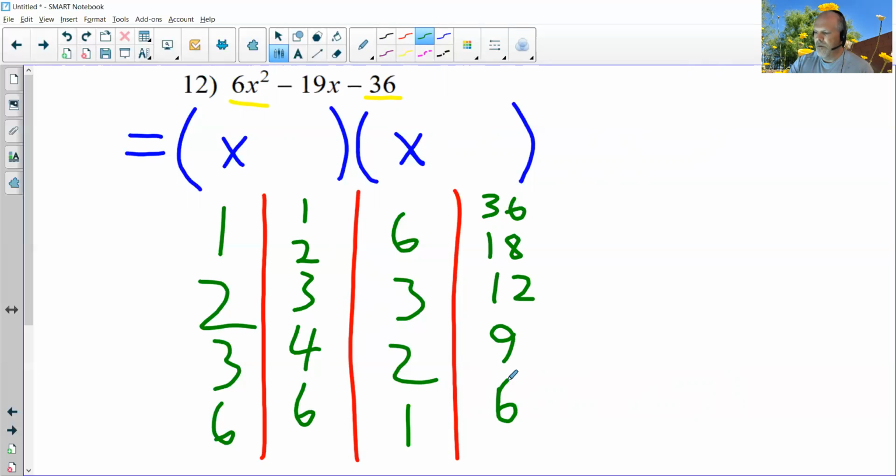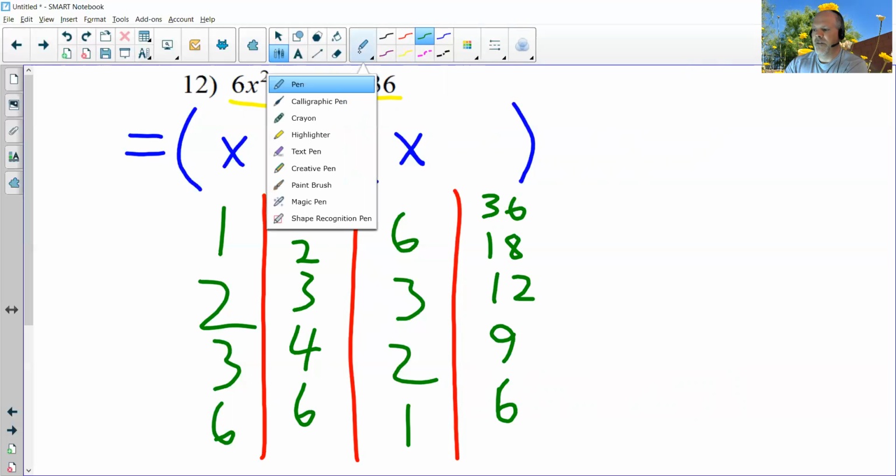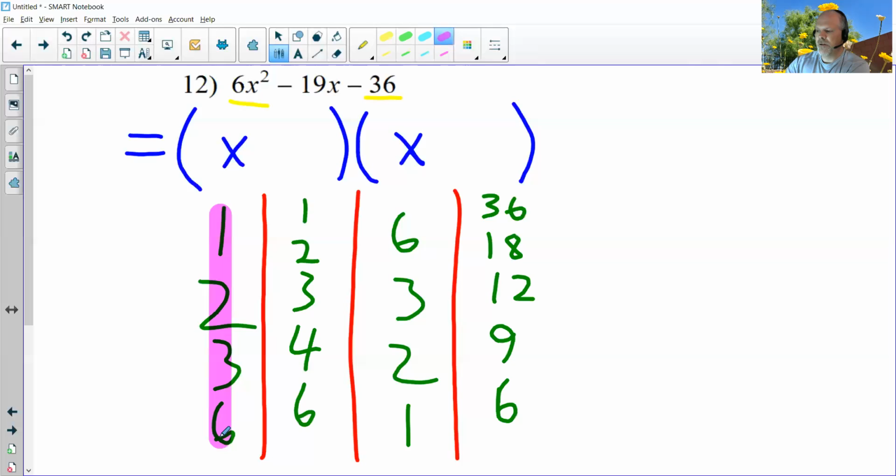Now, one thing to note, notice I did not reverse those. I didn't reverse them because I did reverse the first times first. So all of these, I reversed them. So as long as you reverse one set of factors, you don't need to reverse the other set.